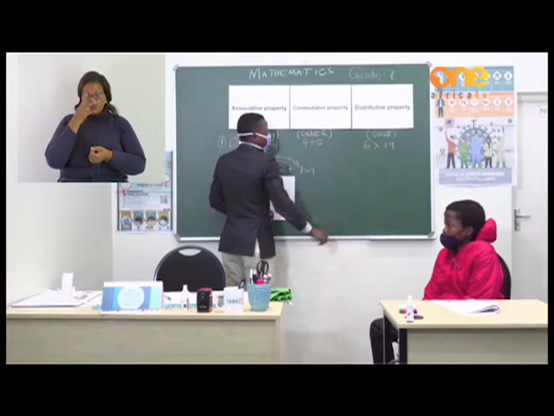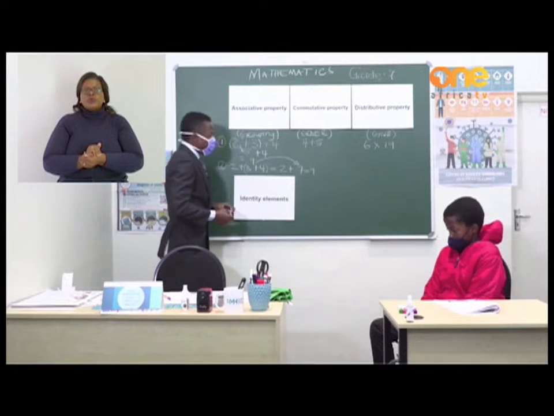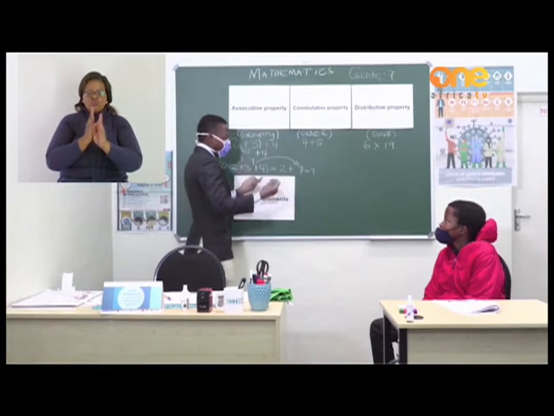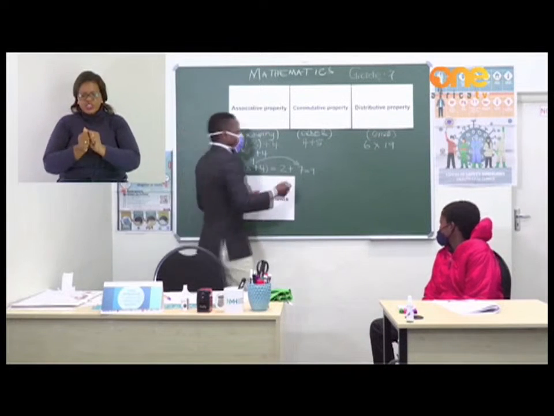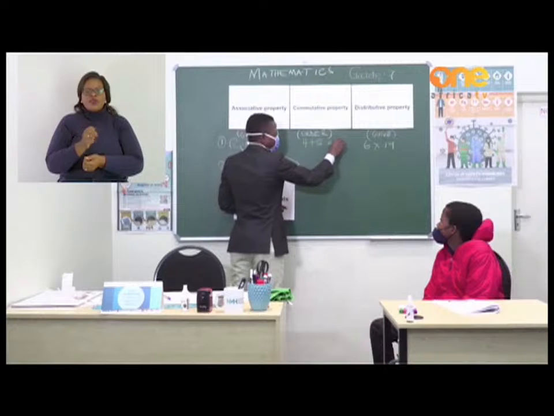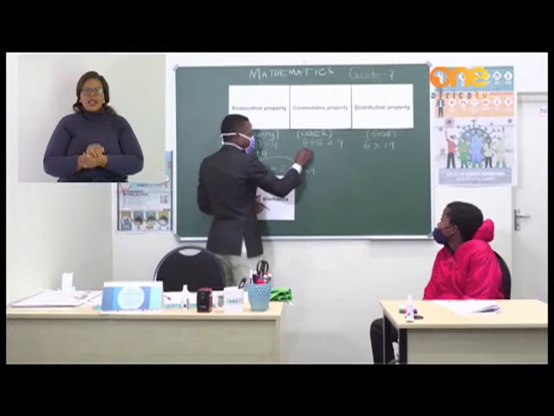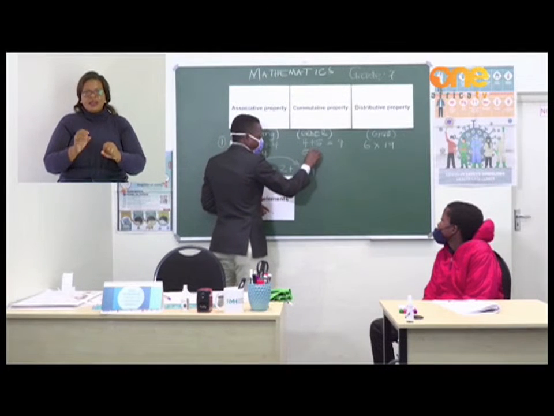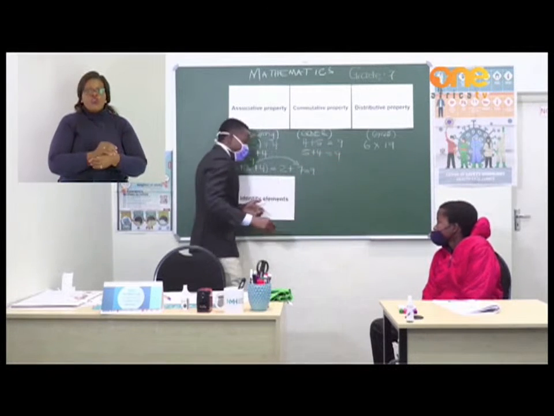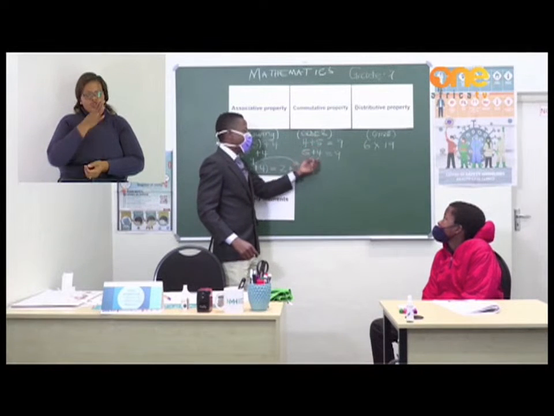Let me move to commutative property. Commutative property, there is an order that you have to change. For example, I may have 4 added to 5 to give me 9. But I can decide 5 added to 4 to give me 9. Now look at this. 4, 5. 5, 4.